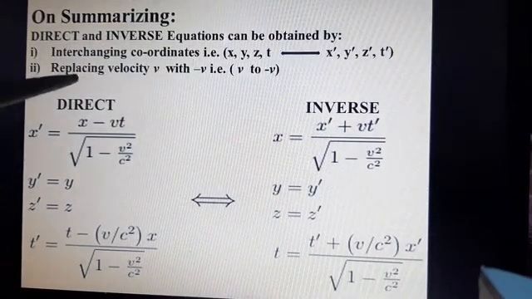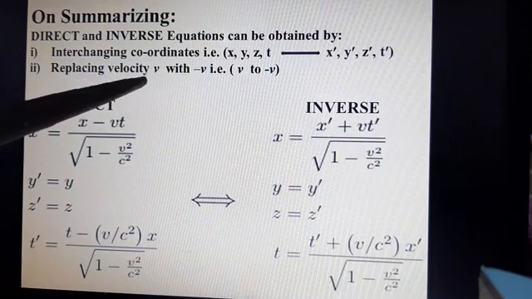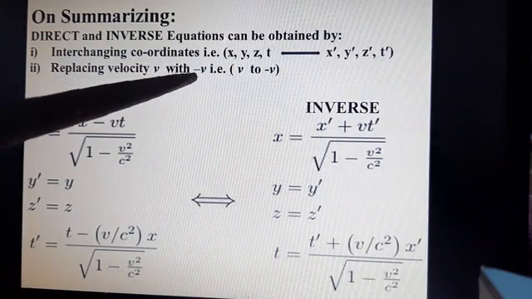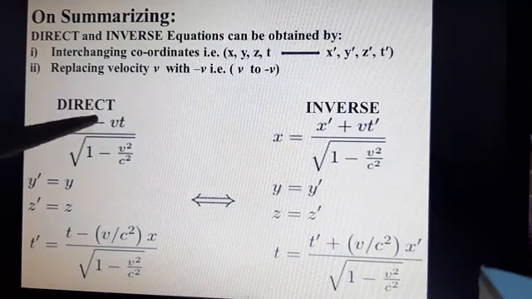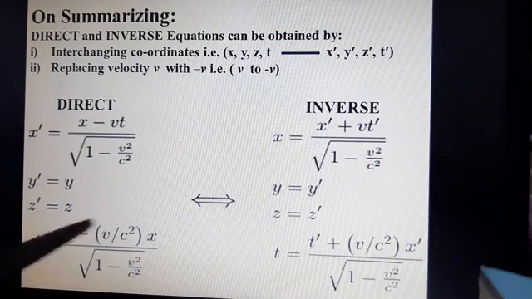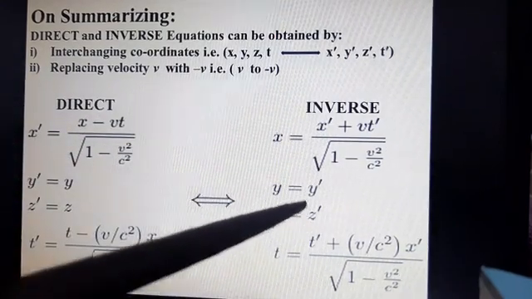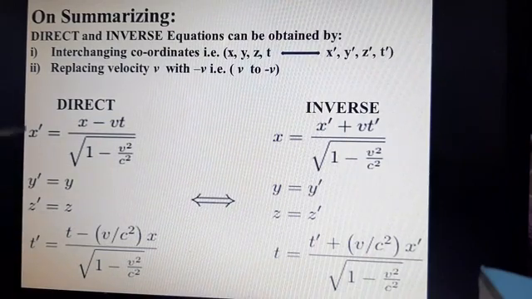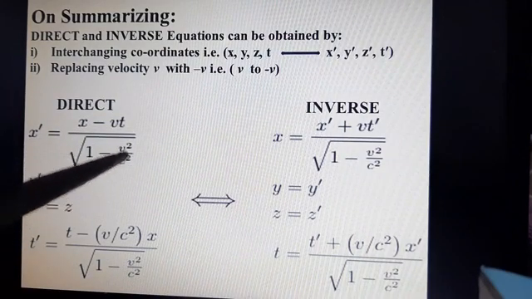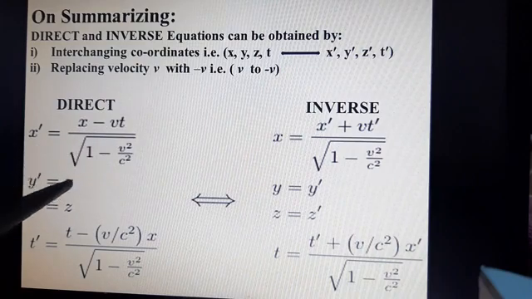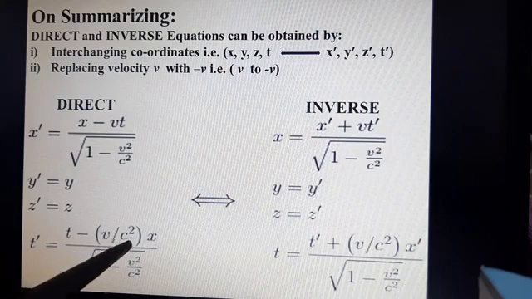Or second, by replacing velocity v with negative v, that is, v to minus v. So this is the set of direct equations and this is the set of inverse equations, as we have already proved here. That is x dash equal to x minus vt upon square root of 1 minus v square upon c square, y dash equal to y, z dash equal to z, t dash equal to t minus v upon c square into x over square root of 1 minus v square upon c square.